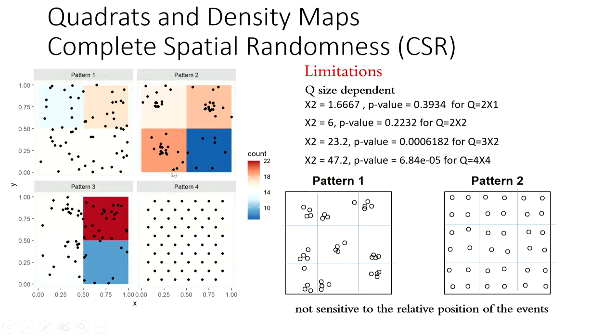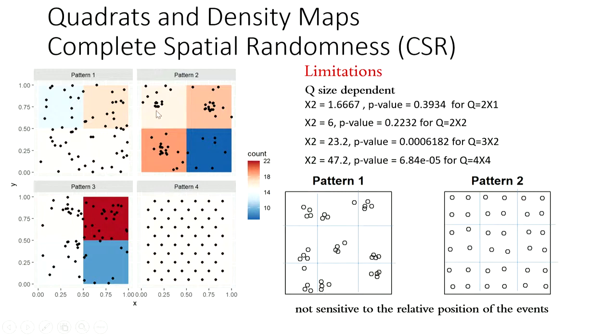In case of clusters, a large number of points occur in a few of the quadrats, but in other quadrats it is smaller. Based on that we can say this process is almost non-random, this process is completely random, and these two processes are non-random, along with the regular pattern which we are seeing in these cases.